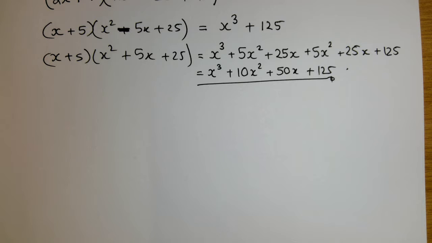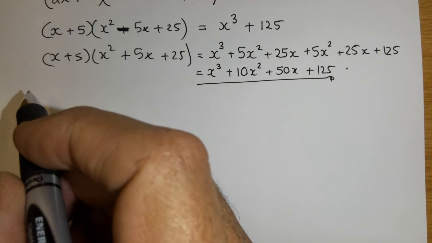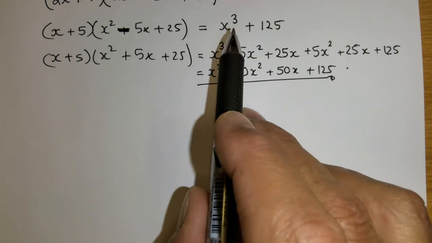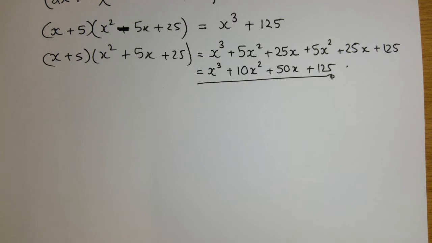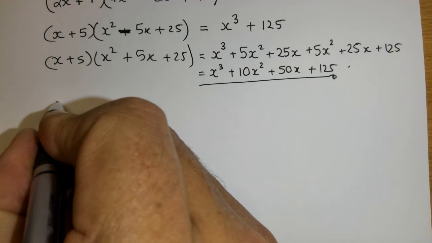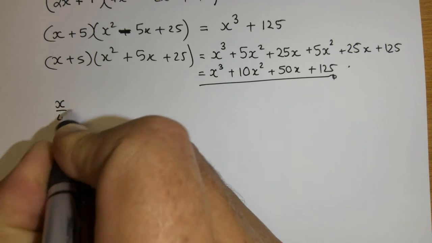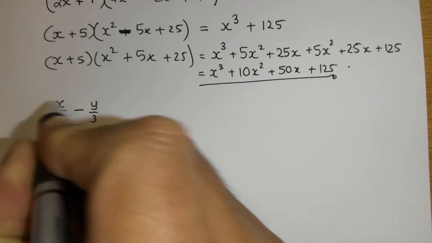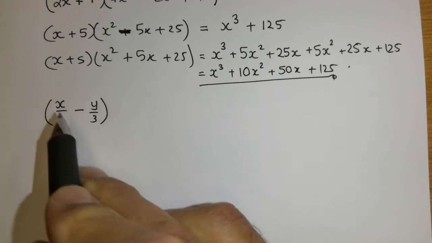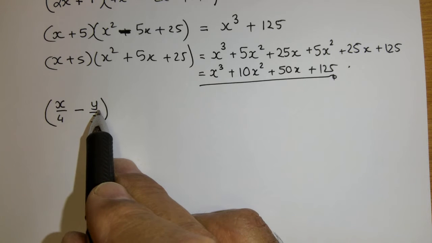You get a nice one where we actually work with fractions. Okay, so let's see. I've got to have an outcome that is the sum of one thing cubed multiplied by the next thing cubed. So let's look at x over 4 minus y over 3. Now you'll notice that I've got x's and y's. Okay?